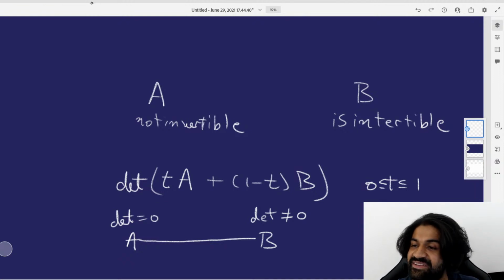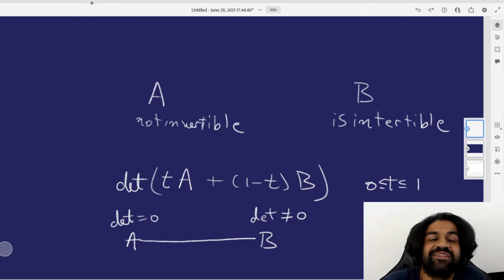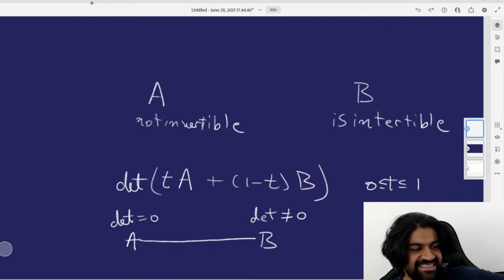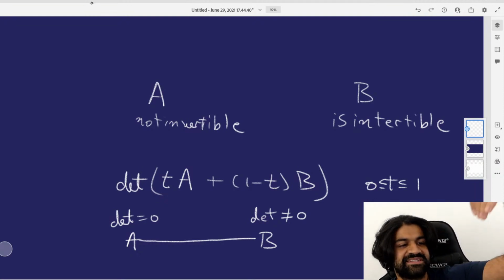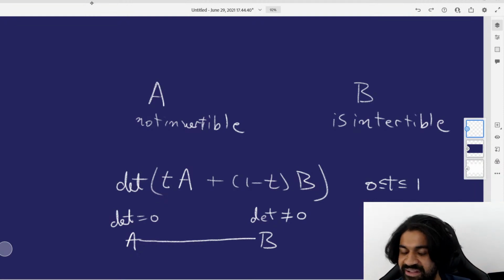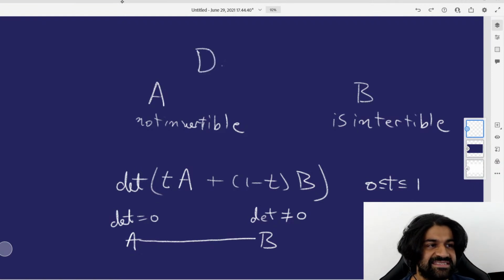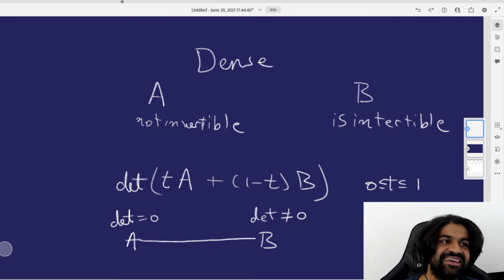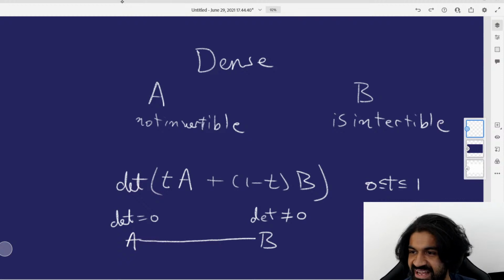You can get a lot of mileage out of knowing about determinants, right? So the idea is that you can go from a determinant equal to 0 to a determinant not equal to 0 on a line. You can actually use this to prove that invertible matrices are dense. This is another concept we haven't covered, you have to go to a topology class to see dense.